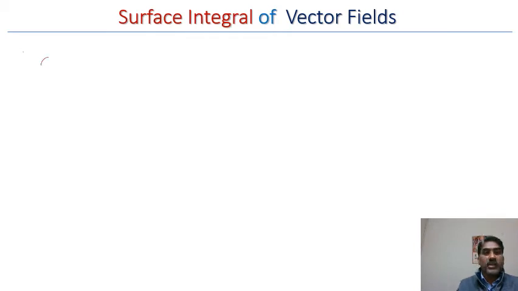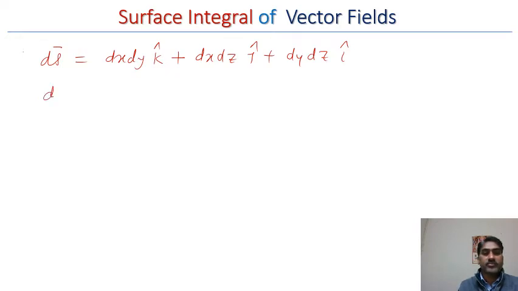So we can now write the ds vector as dx dy k plus dx dz j plus dy dz i, or in a systematic manner you can write the ds vector as i dy dz plus j dx dz plus k dx dy.